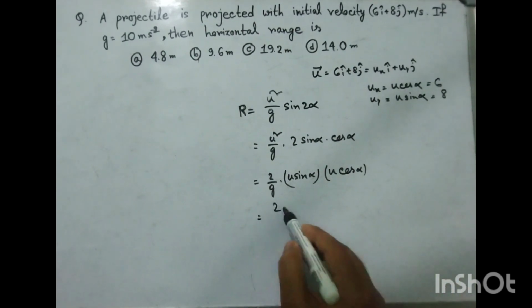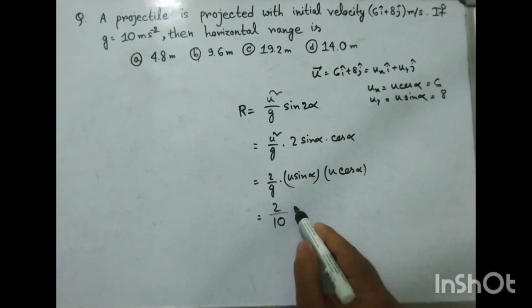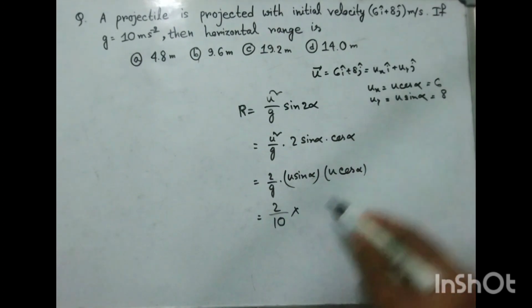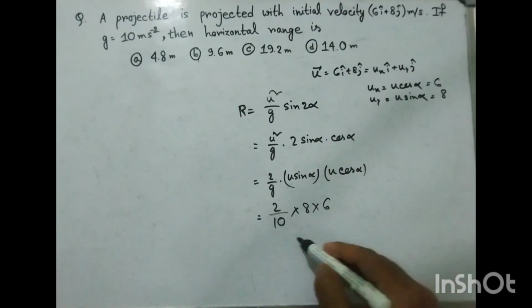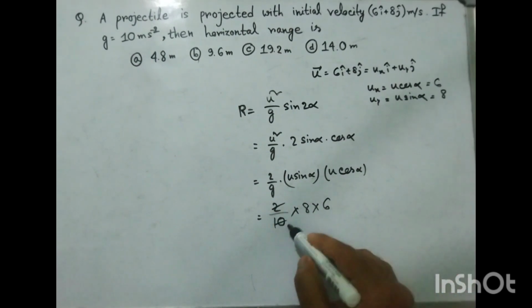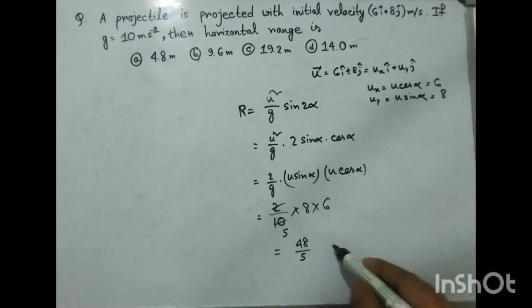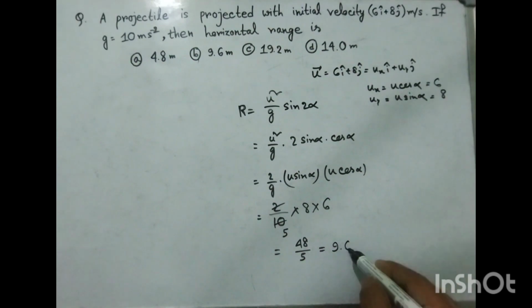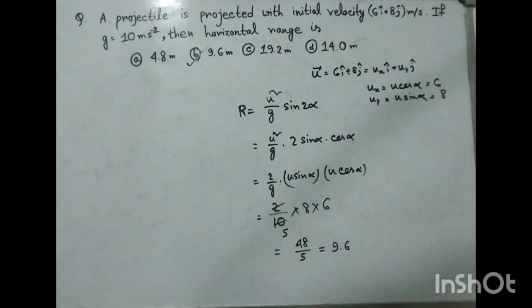The value of g is given as 10. u sin alpha means 8 and u cos alpha means 6. So it is 48 by 5, and that will be 9.6 meter, and B is your correct answer.